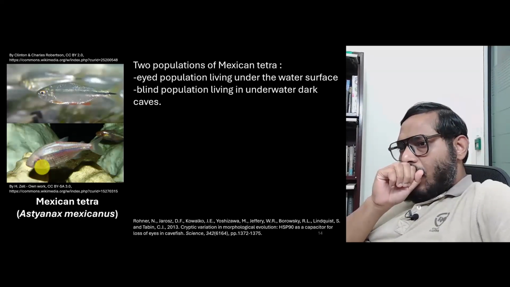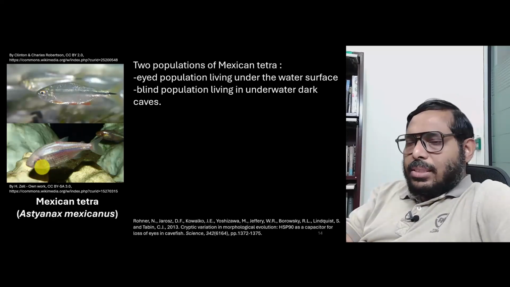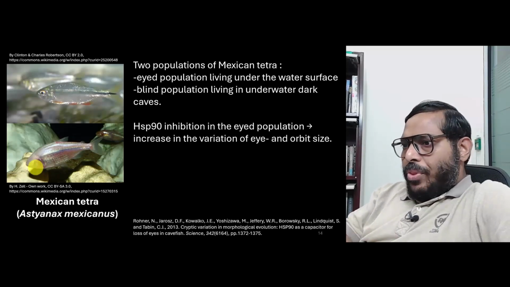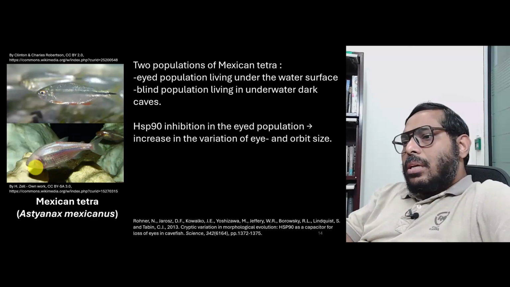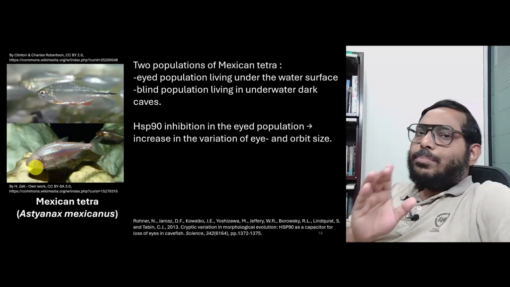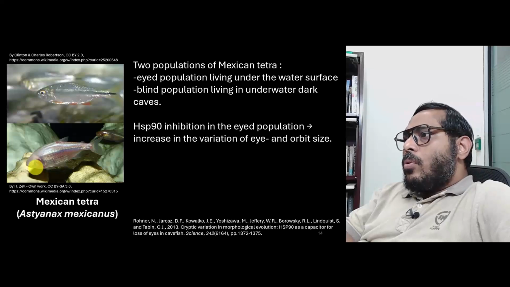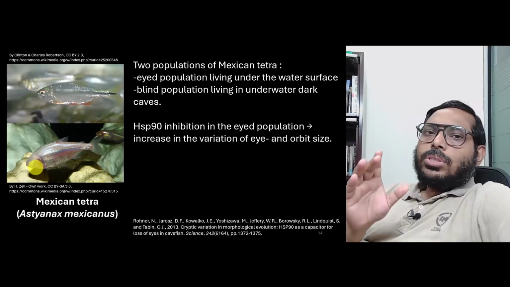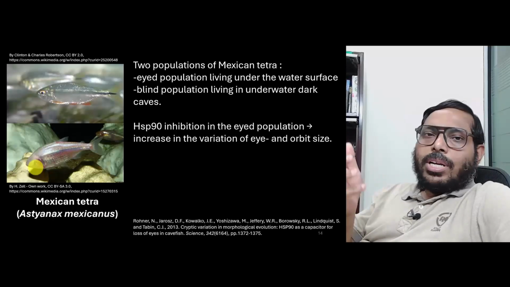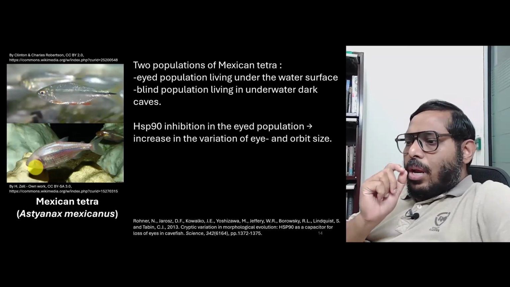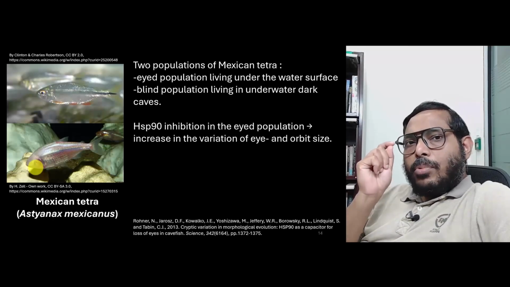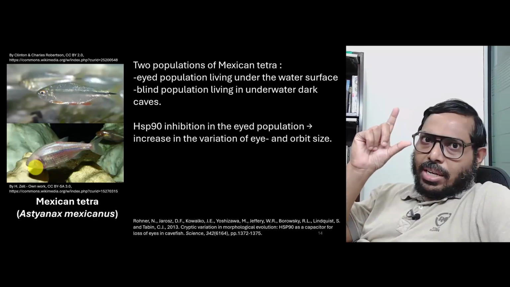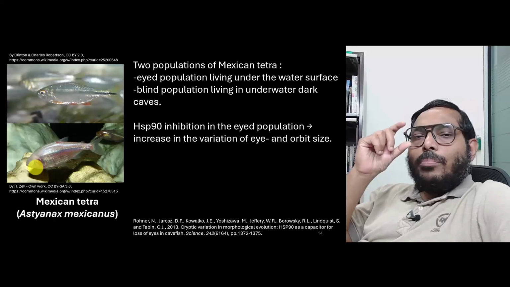So, the question is, why exactly is this happening? What Rohner et al. were able to show is that this is also related to HSP90. If you hinder the action of HSP90, this time they used an inhibitor called radicicol, then the variation in the eye size and the orbit size increases.